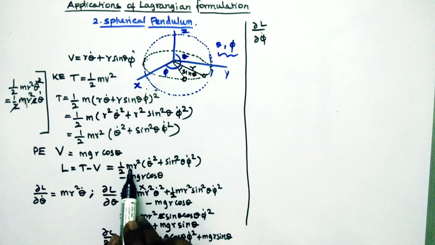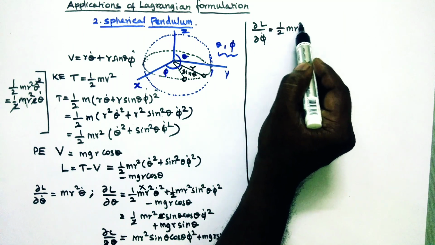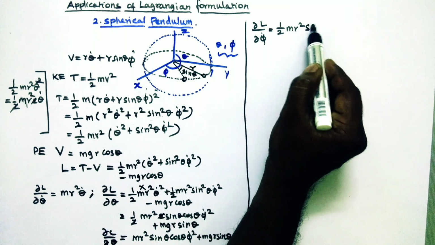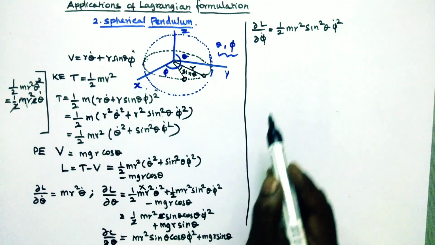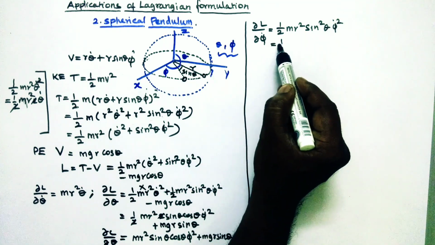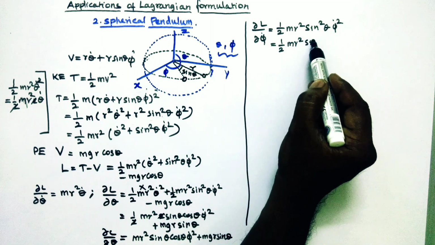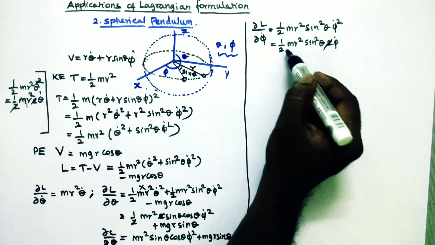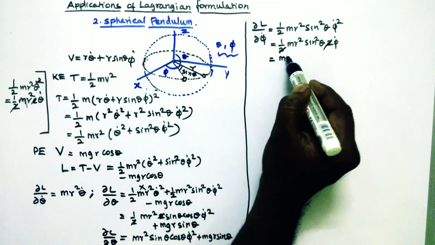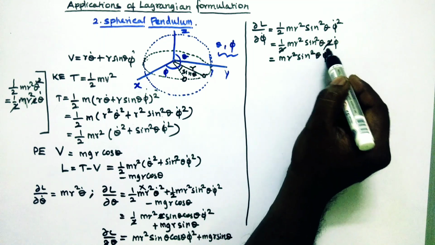Then we have to differentiate only half m r square sin square theta phi dot square. Then half m r square sin square theta 2 phi dot, the 2 cancels, and finally we get m r square sin square theta phi dot only.